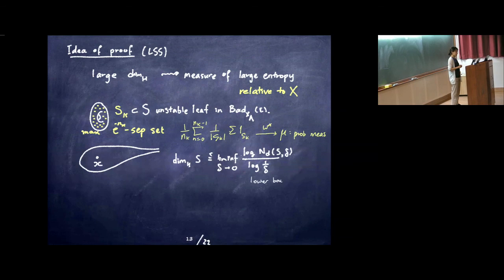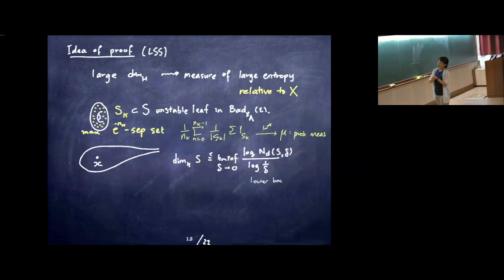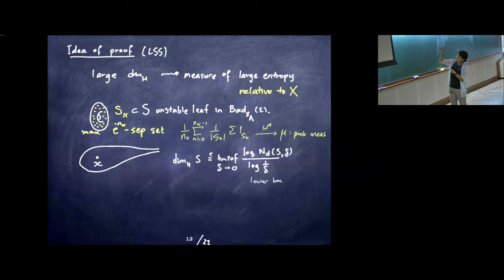Actually, for the upper bound you can take the lower box dimension, which is the right-hand side: the lim inf as delta goes to 0 of log of the maximal number of delta separated sets, which I call N_delta, over log of 1 over delta. And we cooked up this S sub k so that this quantity is really just log of S_k over n_k.